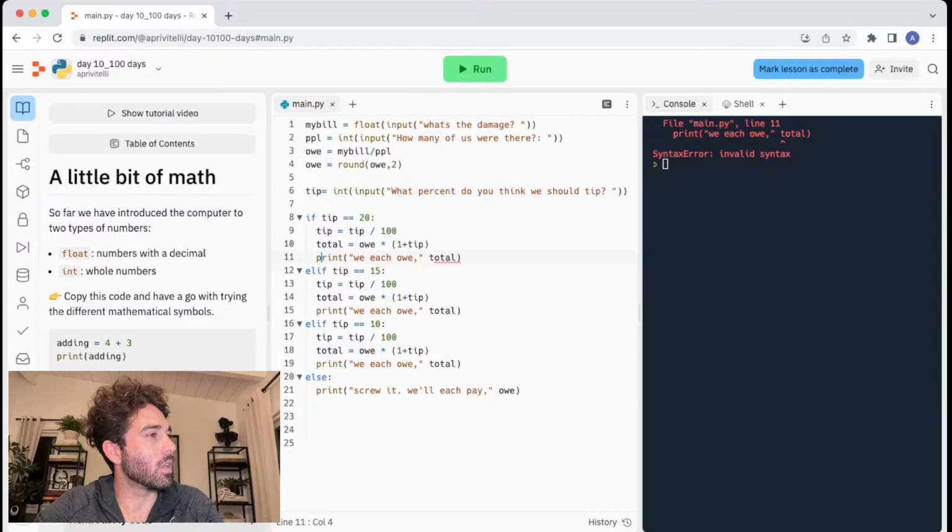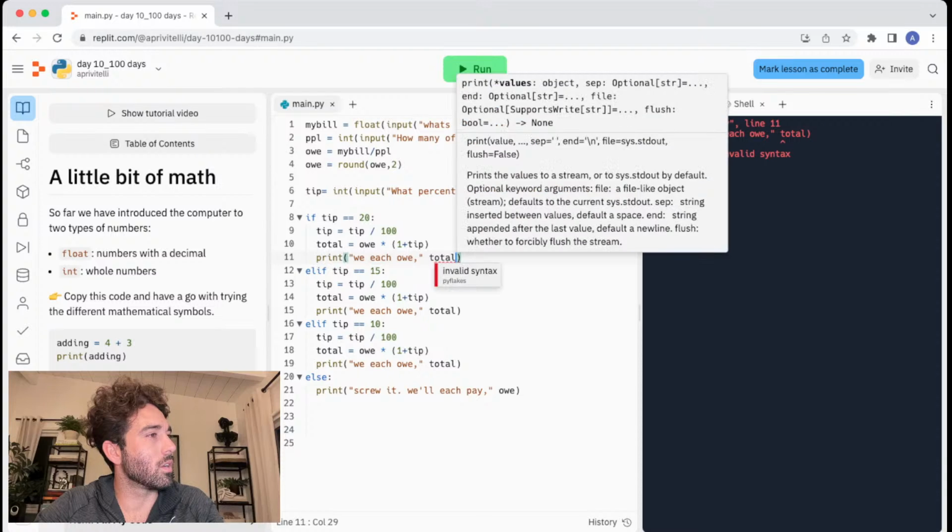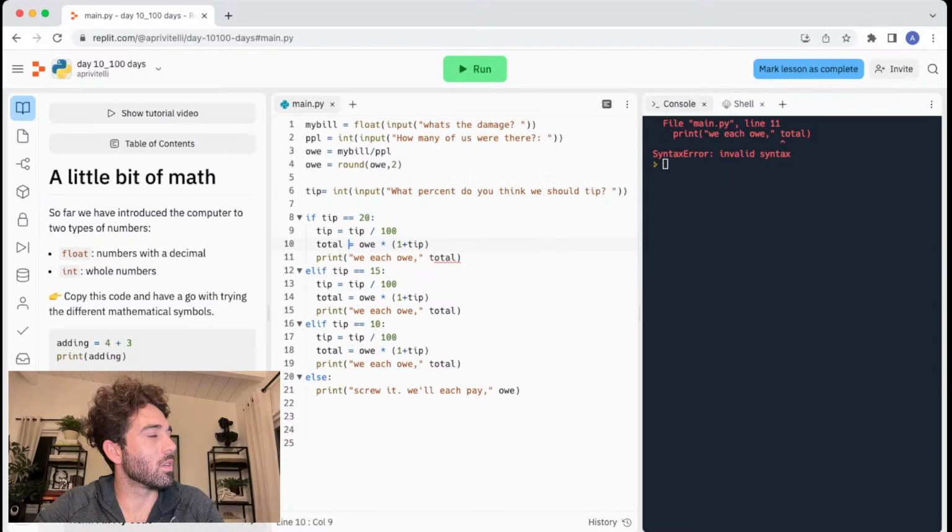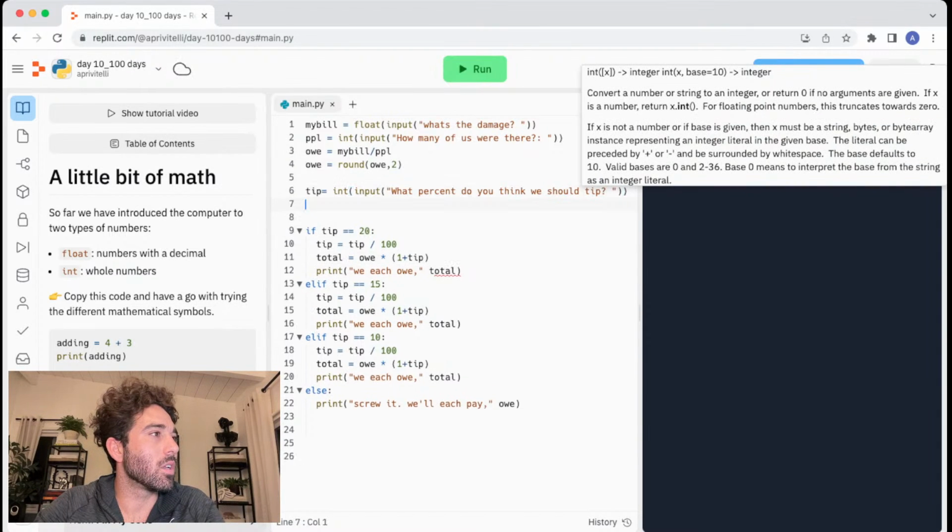What's wrong with that? Oh, is total undefined? Yeah, total's undefined. Total equals O times 1 plus tip.